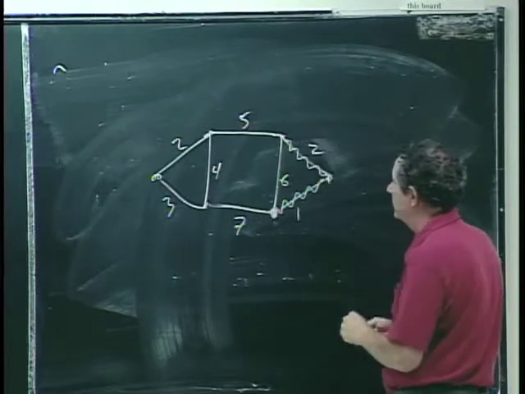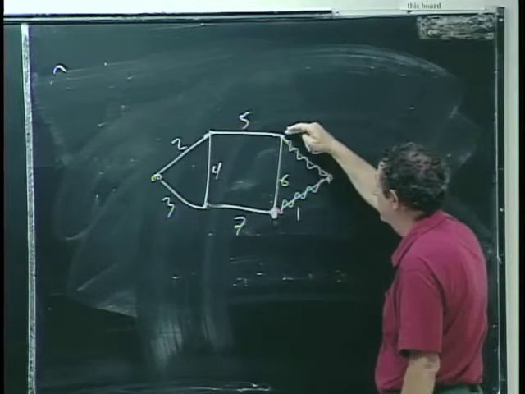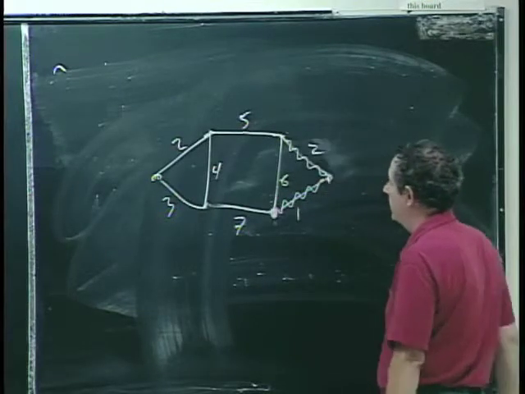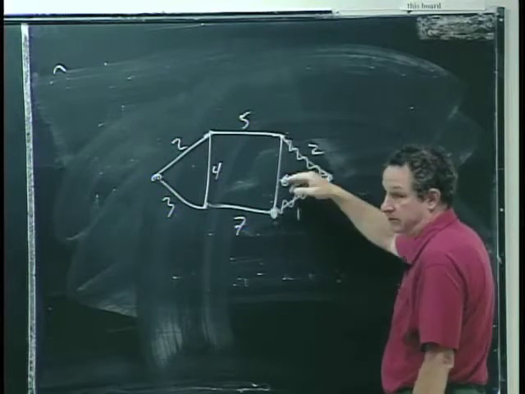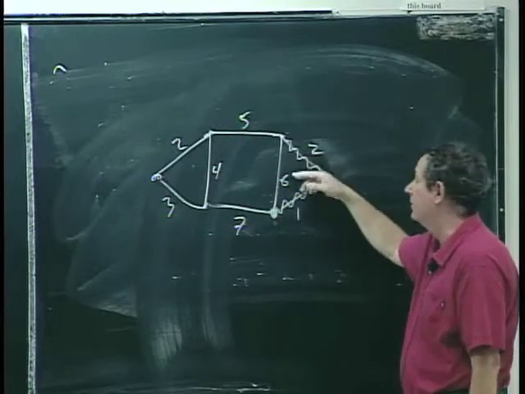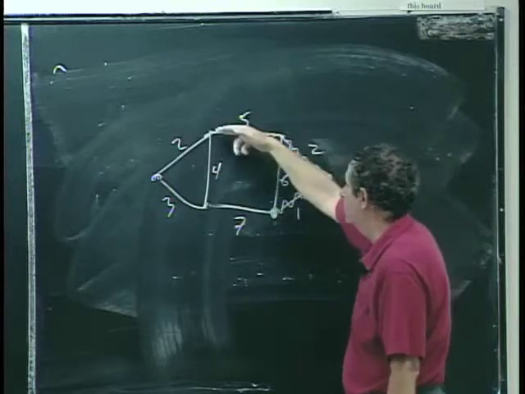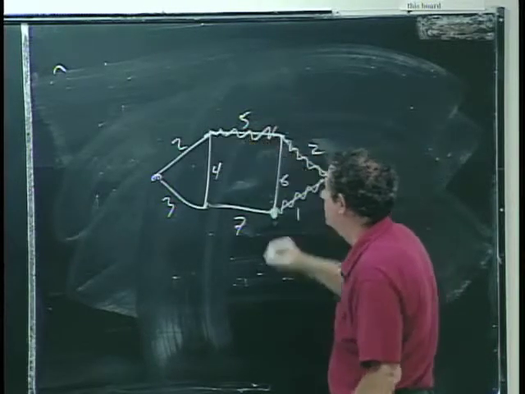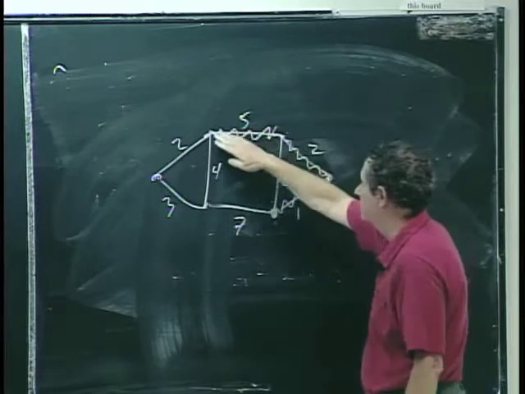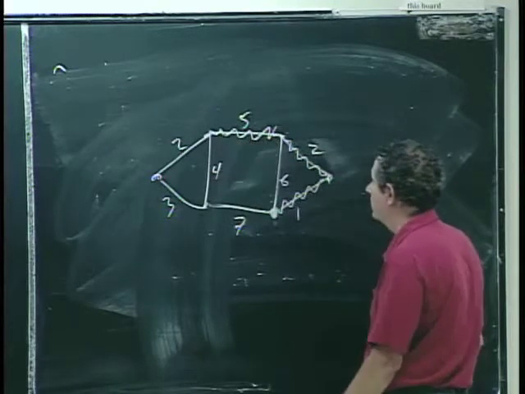The new S is these three nodes, and the candidate edges, now this is no longer a candidate because it doesn't cross from S to V minus S. But the candidate edges are this one that's 5 and this one that's 7. The cheapest one is 5. And so now S consists of these 4 nodes.